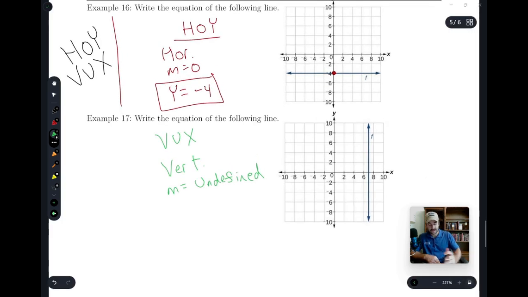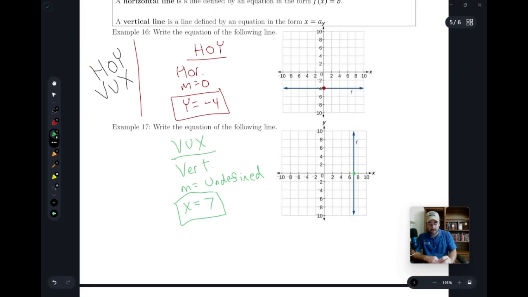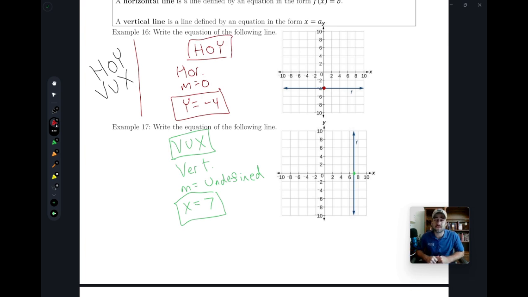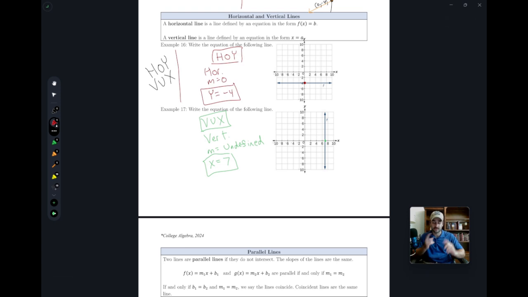And if you look at what x equals, it looks like 7. And using HOI and VUX, I think it's pretty quick and easy to find the equations of lines. Those are two pretty easy ones to mix up, though, between which format to use. So really try to get that HOI VUX down in your brain so you can look at an equation and know right away x equals or y equals.